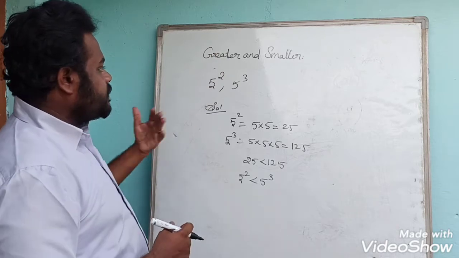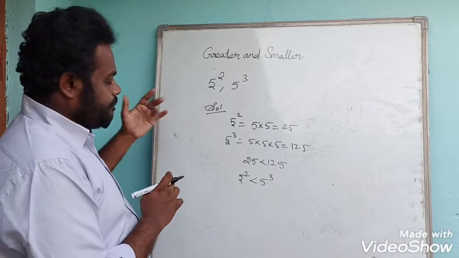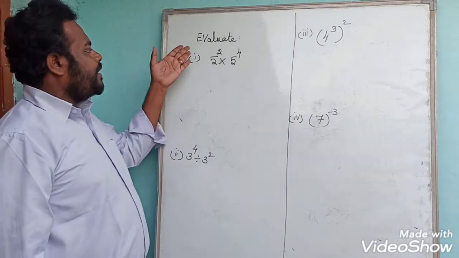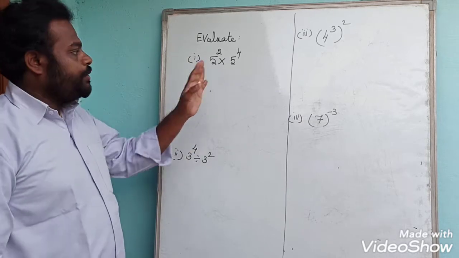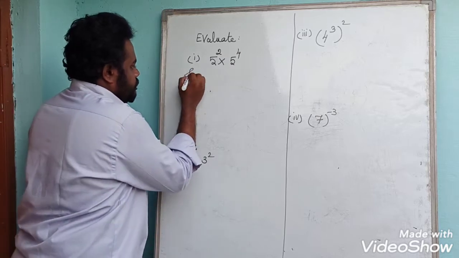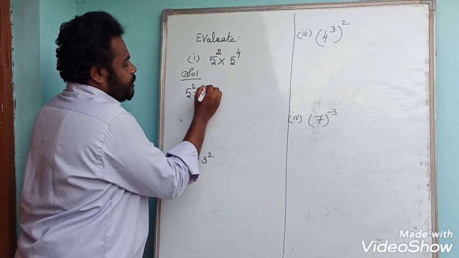Next we have to see some examples on the basis of exponents and powers. Now we have to evaluate some questions using the laws of exponents. The first question: 5 power 2 into 5 power 4.